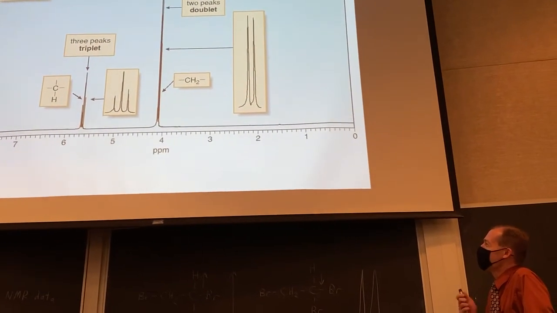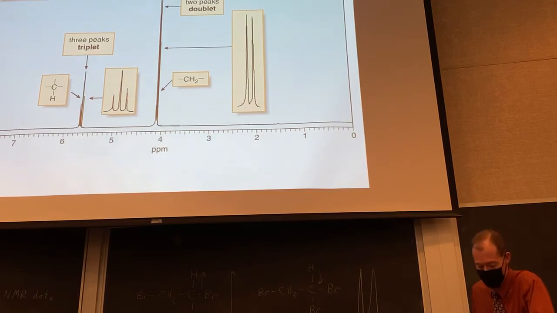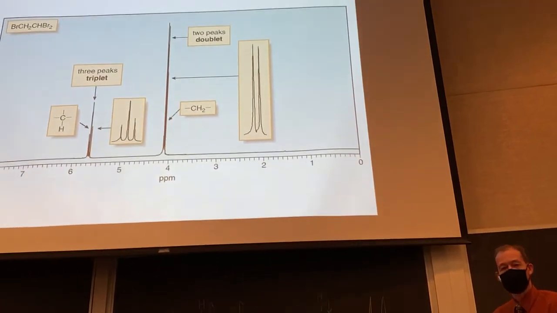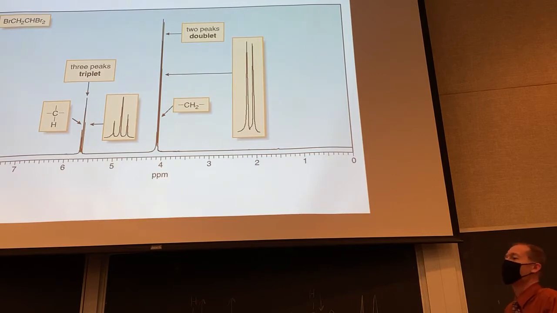Why is the CH signal, or the methine signal, a triplet? Why is it split into 3 peaks? And why is the ratio of those peaks 1 to 2 to 1? Well, the CH has 2 neighbors, and so we have to consider the combined effects of the spin states of those 2 neighbors. How many different combinations of spin states could we have with 2 protons?